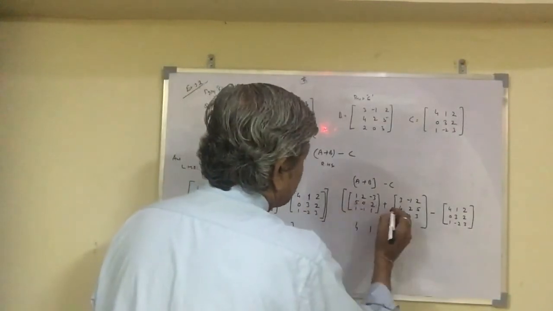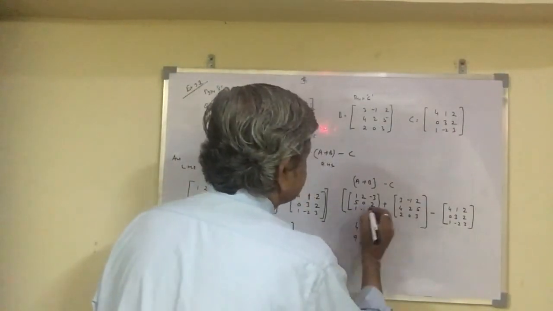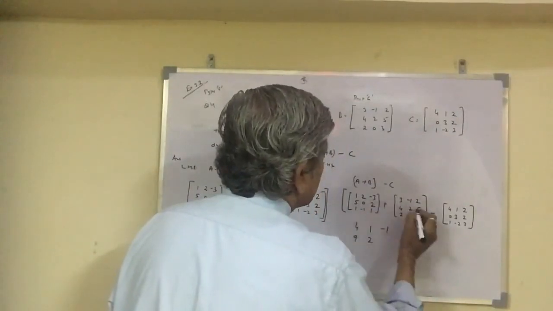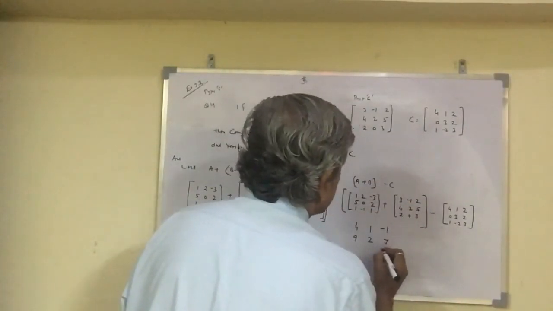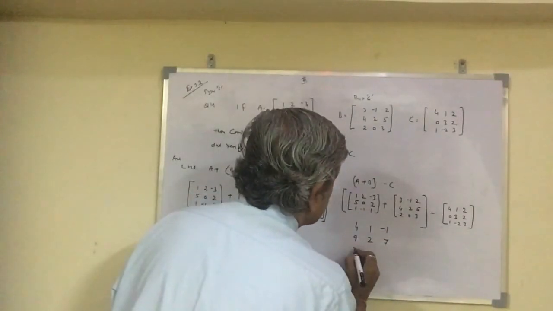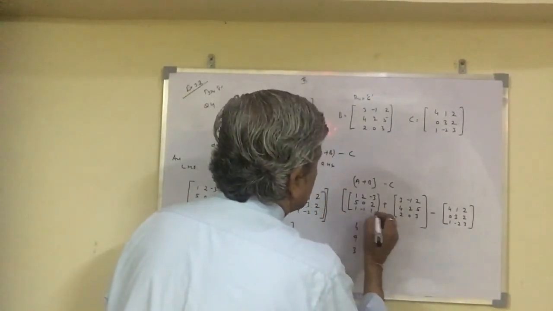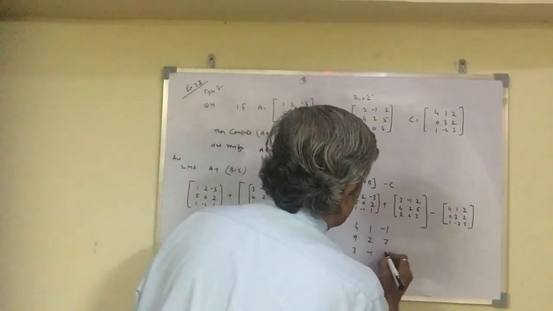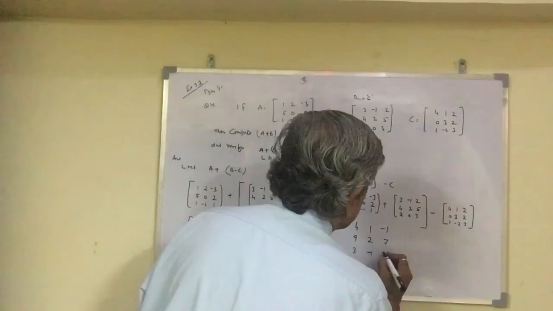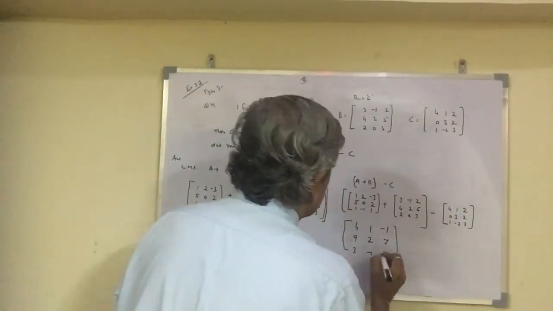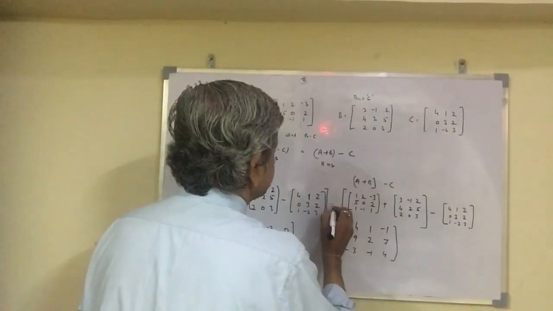Then 5 plus 4 is equal to 9, and 0 plus 2 is equal to 2, 2 plus 5 is equal to 7, 1 and 2 is equal to 3, minus 1 plus 0 is equal to minus 1, and 1 plus 3 is equal to 4. So, these two will be like this.